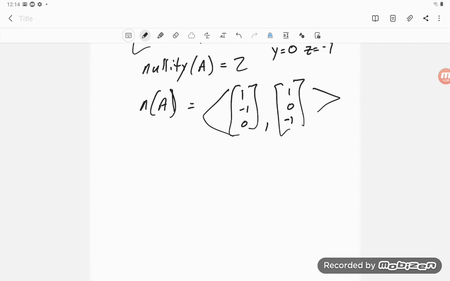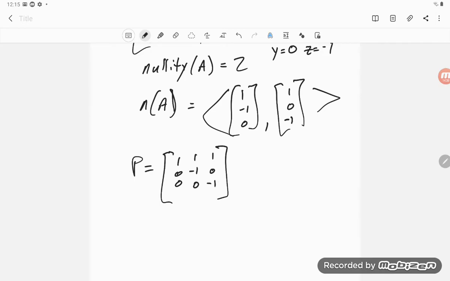And so what that says is my P is equal to 1, 0, 0, 1, minus 1, 0, and 1, 0, -1. Like that.